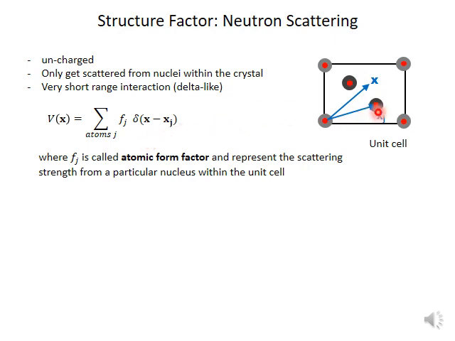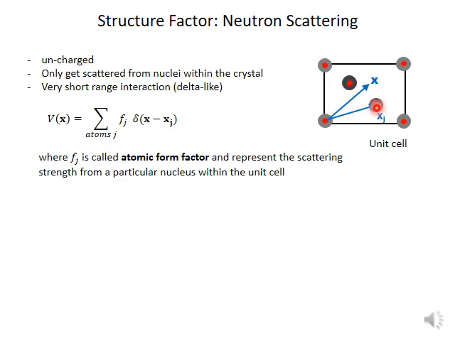Because you can imagine different nuclei or different atoms have different sizes of the nuclei. For example, some may have smaller nucleon size, others may have larger nuclei, and a neutron would interact differently with each of them. So naively one can understand that if a nucleus of a certain atom is large, then the neutron would scatter strongly with it.